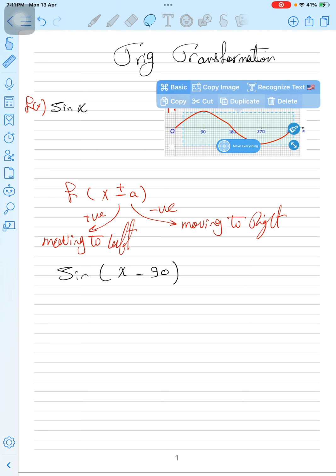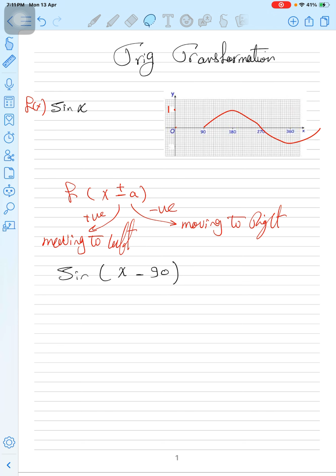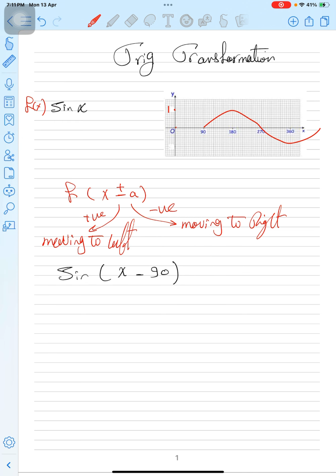This line will be minus 90, so I have to move it to the right 90 degrees. So moving to the right 90 degrees, it will be like this. Can you imagine this? Of course, I will keep drawing for this part, because in this case it will be like this. So we can note that this is moving to the right 90 degrees.